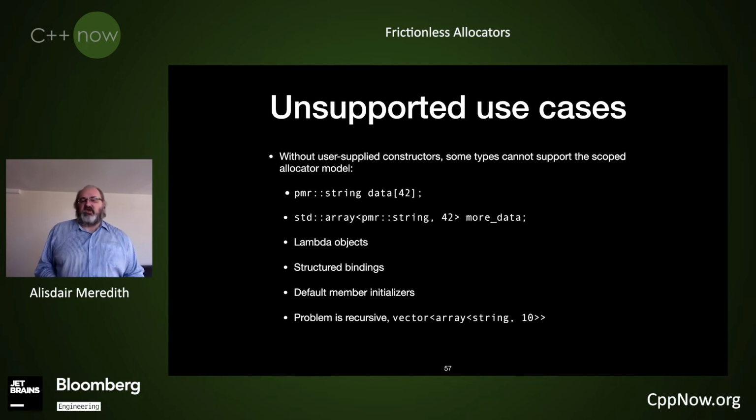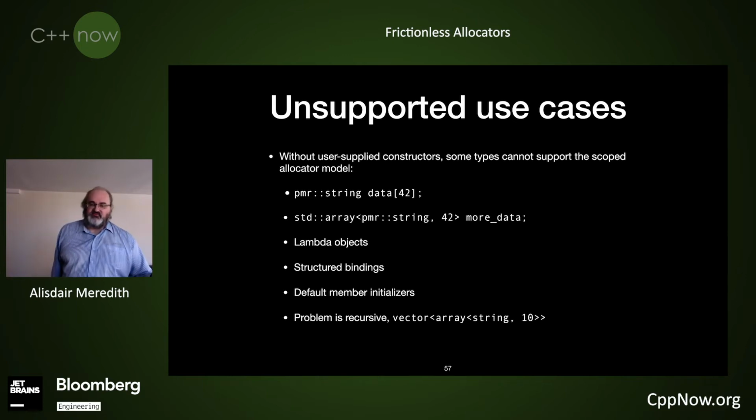Lambda object: if I capture something that's a PMR allocator aware type, I can be careful with my capture, with all the different syntaxes we've got now, to at least inject the allocator I expect by using the initialized capture syntax. But if that lambda object is ever copied, it's not going to follow the scoped allocator model rules. So again, lambdas don't work great.